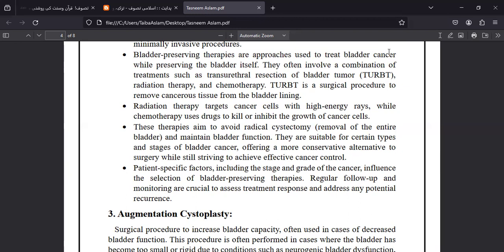Patient-specific factors, including the stage and grade of the cancer, influence the selection of bladder-preserving therapies. Regular follow-up and monitoring are crucial to assess treatment response and address any potential recurrence.